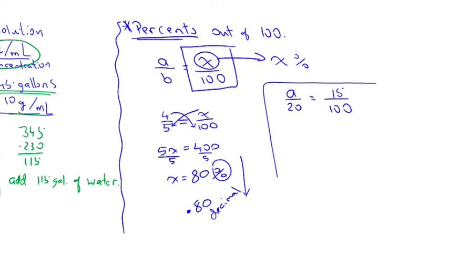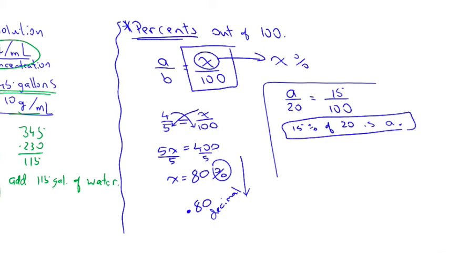So the 15 here represents 15%. The 20 is what you're taking it out of because it's out of the whole. 100 is a whole, so 20 must be the whole. So it's what percent? 15% of 20 is what? So the question here is 15% of 20 is A. Well, it's 15%, so that's out of 100.